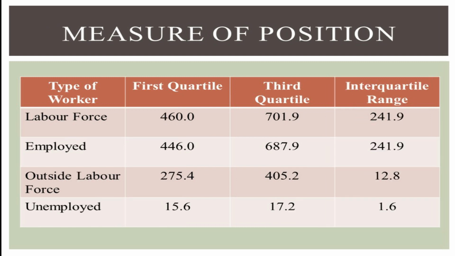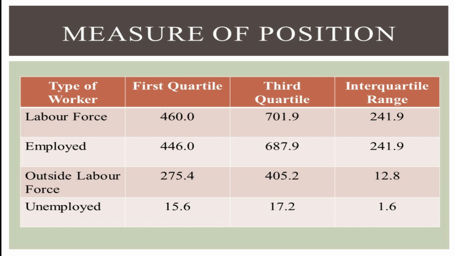Measure of position. Labor force first quartile is 460, and third quartile at 701.9, and interquartile range at 241.9. For employed is first quartile 446, and third quartile at 687.9, and interquartile range at 241.9.